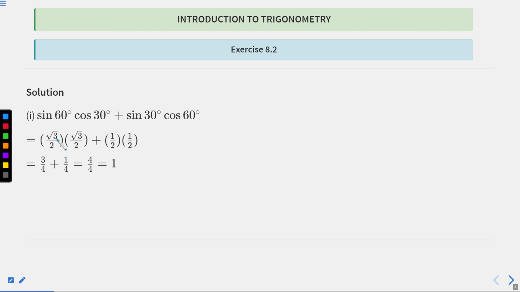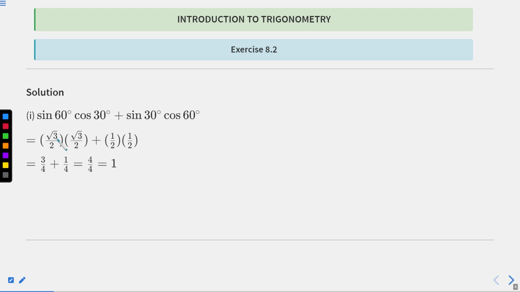Now if we put all these values in the expression, we get root 3 by 2 into root 3 by 2 plus 1 by 2 into 1 by 2. Simplifying, this is 3 by 4 plus 1 by 4, which is 4 by 4, equal to 1.